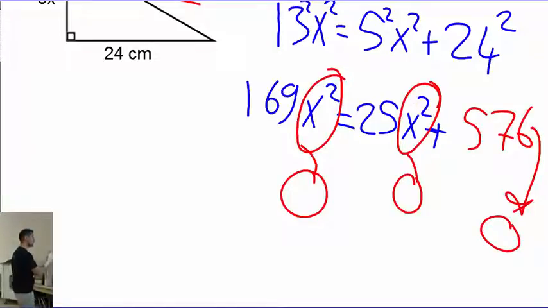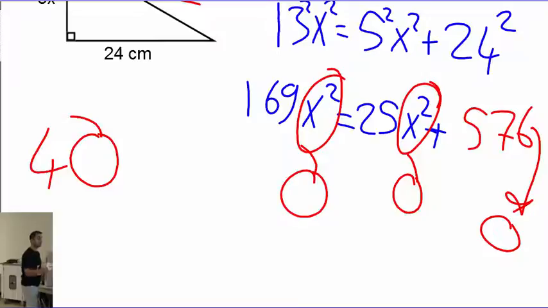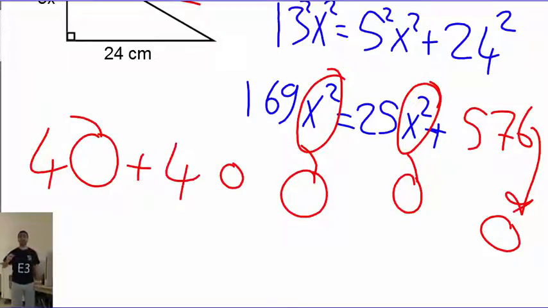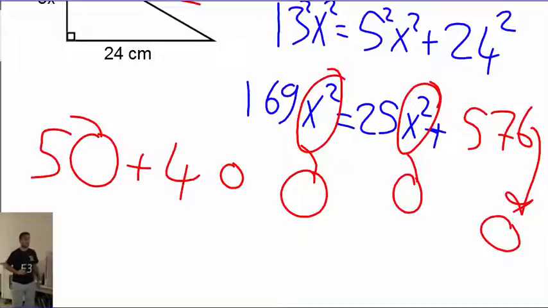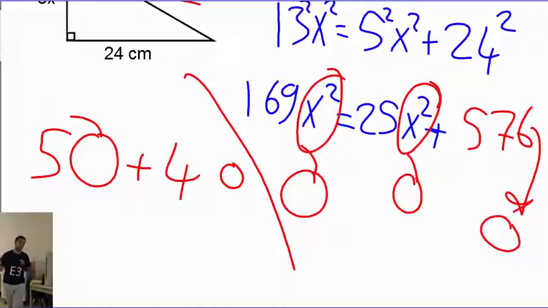5 apples plus 4 oranges. I said 5, but I wrote down 4. I'm sorry. 5 apples plus 4 oranges. You cannot say here that 5 apples plus 4 oranges are 9 what? 9 apples or 9 oranges.